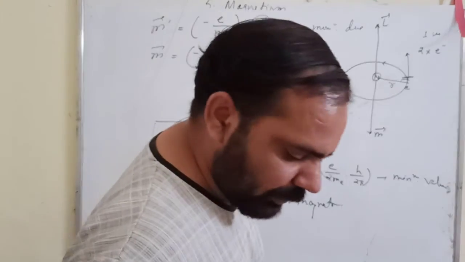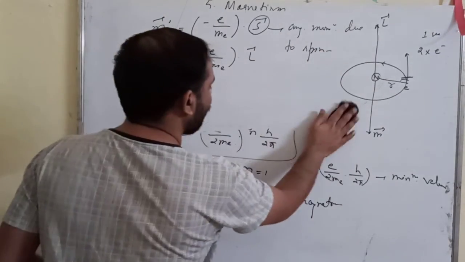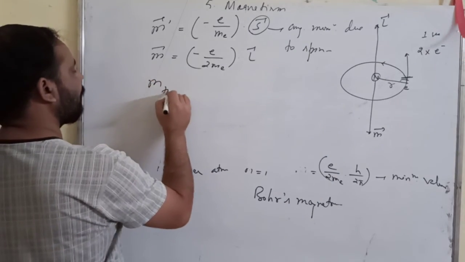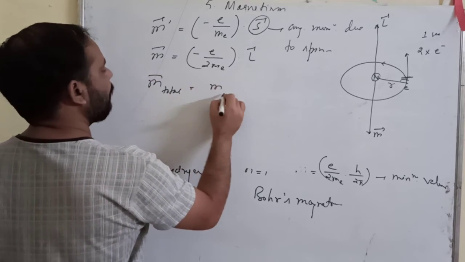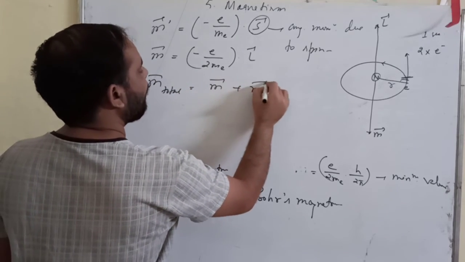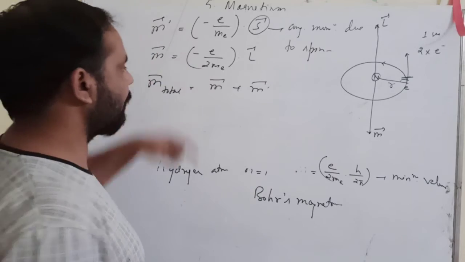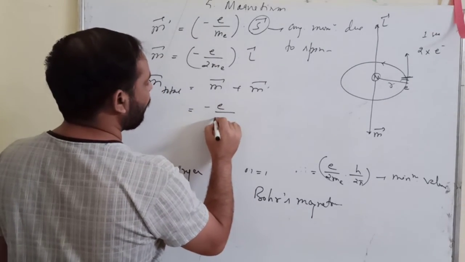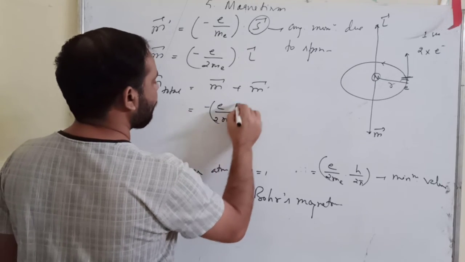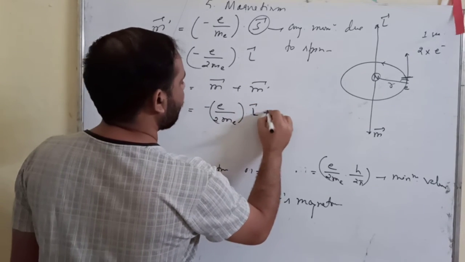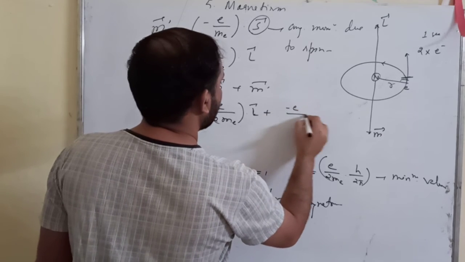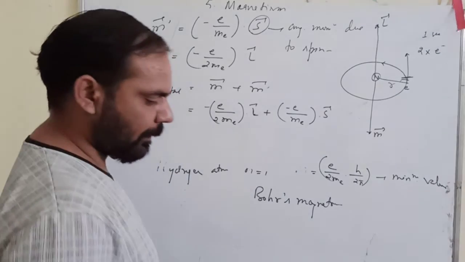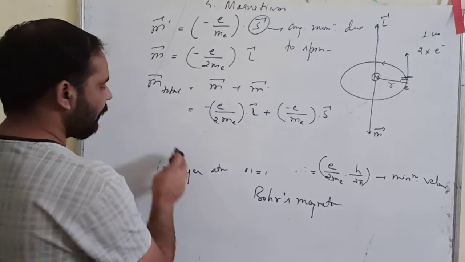So what will be the total dipole moment? M total is equal to M plus M dash, the dipole moment due to both of them. When you add them, it is minus e upon 2me L vector plus minus e upon me into S vector.